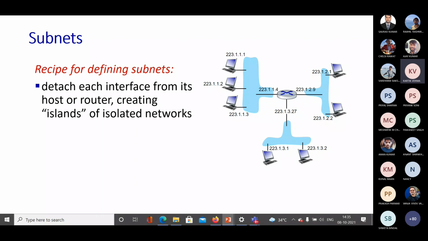If you think logically, it's nothing but the set of hosts which can be reached from each other without the intervention of a router. All of them become a subnet.